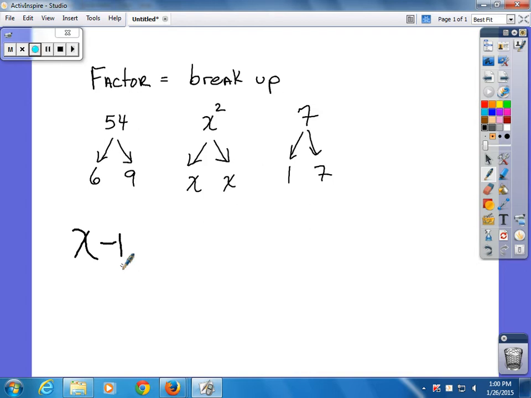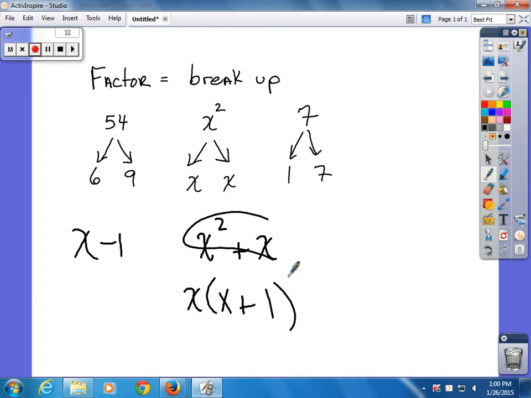You can't factor it because you don't know what x is, and you don't know what 1 is being taken away from. So you can't factor something like this. But you can factor something like that because something is in common. What's in common with x squared and x? X, and you can factor out what's called a common term and say x times x plus 1.